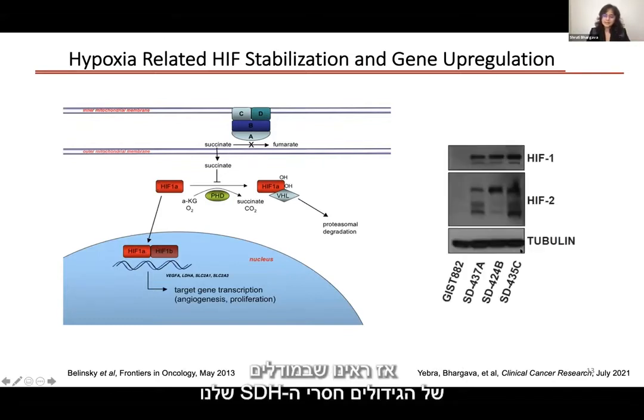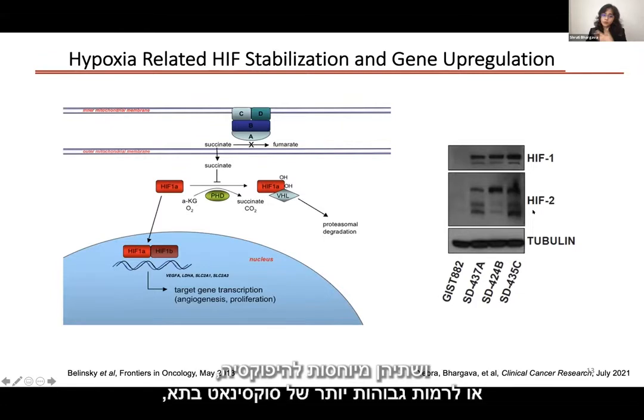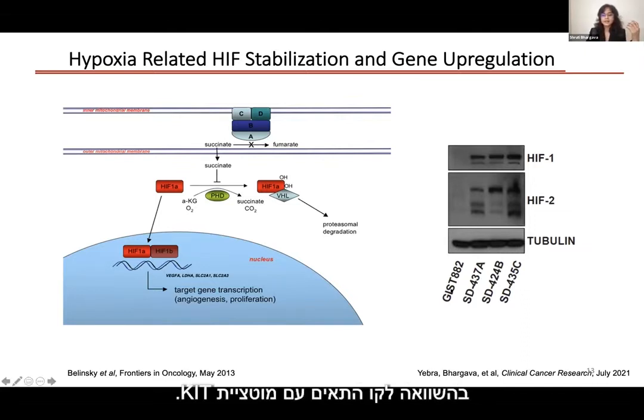So we did see that in our SDH deficient tumor models, indeed, there was a high level of both HIF1 as well as HIF2, both of which are associated with hypoxia or with high levels of succinate in the cell, as compared to the KIT mutant cell line.